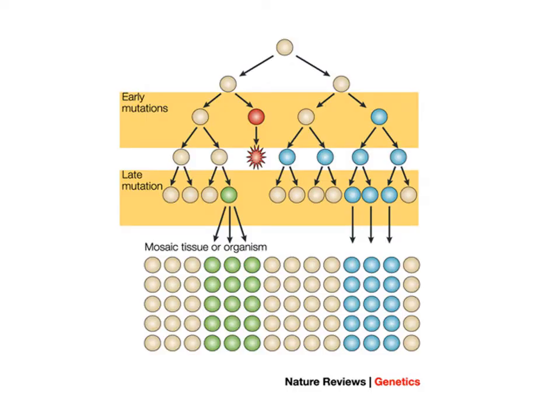So here's a picture representing not cancer specifically, but what can happen during the development of an organism. We're starting off with a fertilized egg, and the first division is shown to give you two cells. As those cells continue to proliferate, they can experience mutations, and once they do, those mutations are then passed on to the progeny of those cells, creating clonal populations of cells which contain the same mutations as each other, but are also subject to the acquisition of even more mutations.